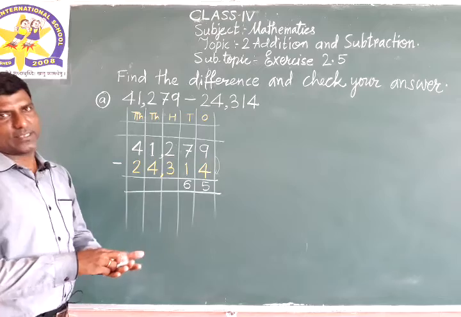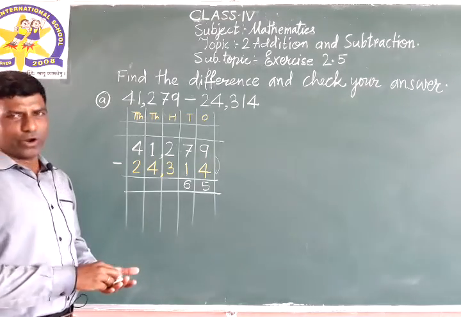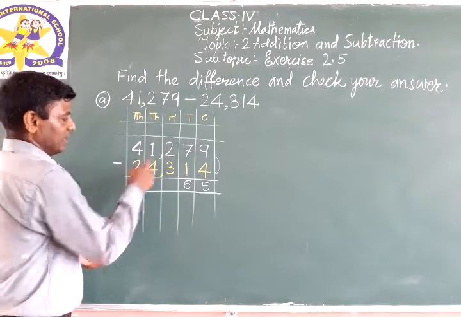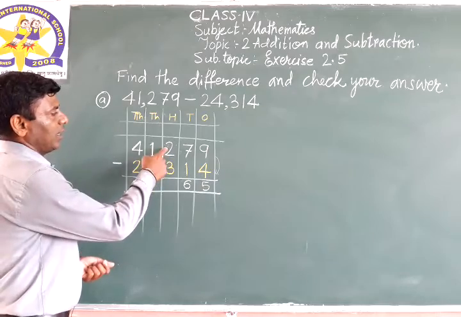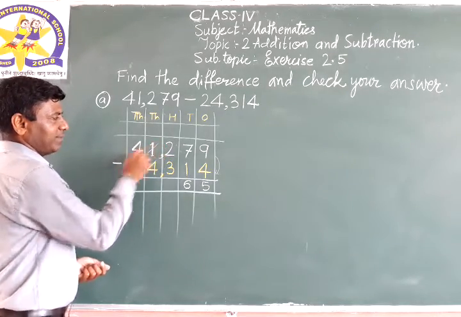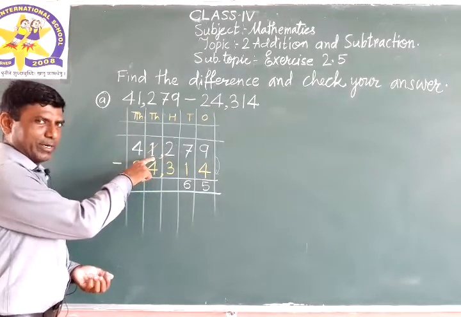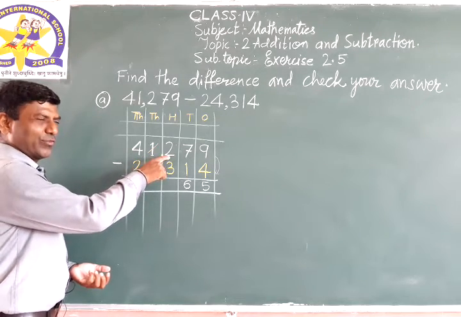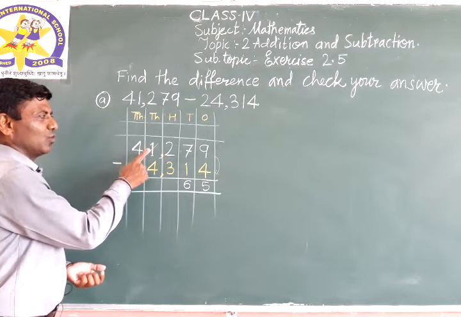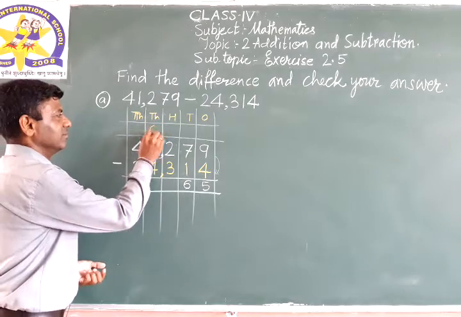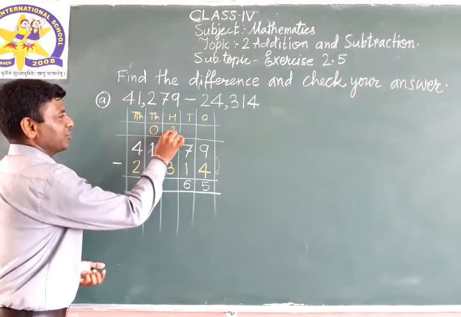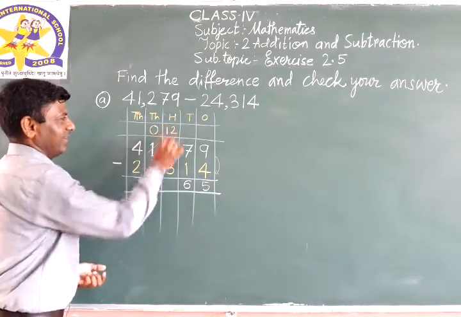So in such cases, what are we doing? We are borrowing. One from 1, he is a neighbor. 1 is a neighbor of 2. So 1 becomes 0 and this 2 becomes 12.